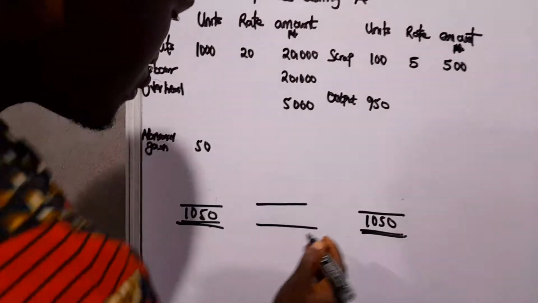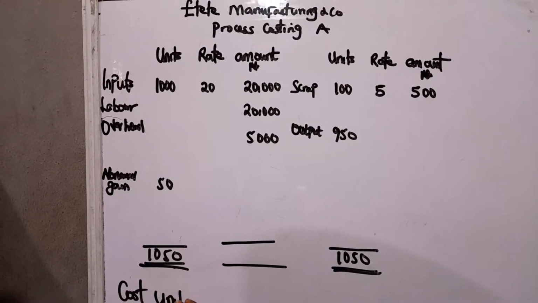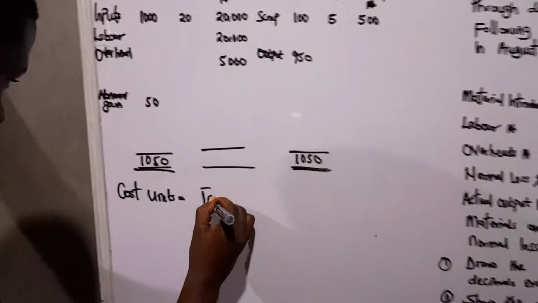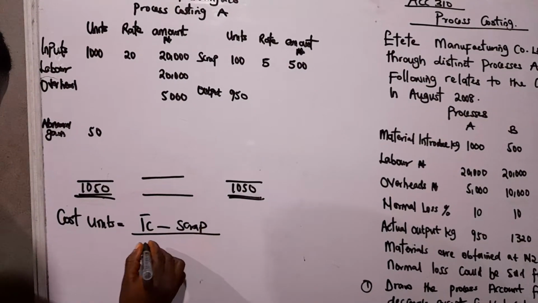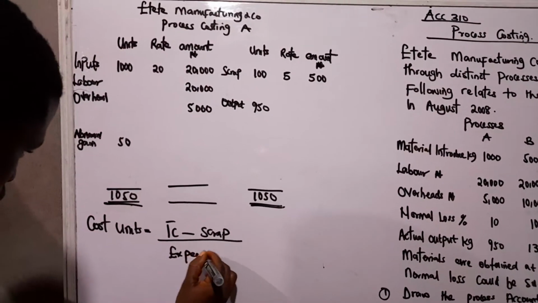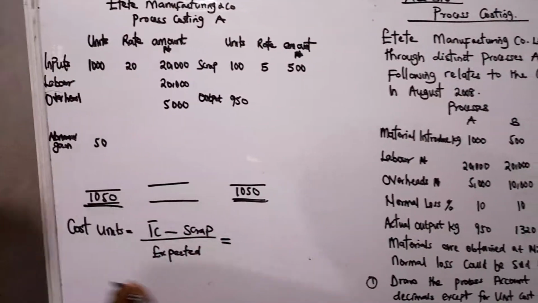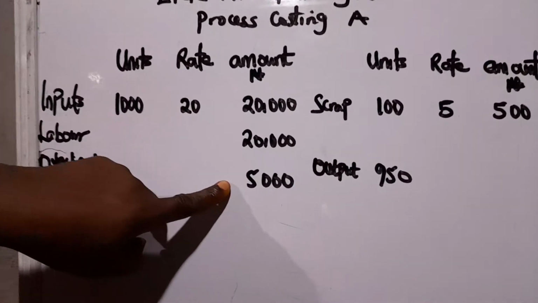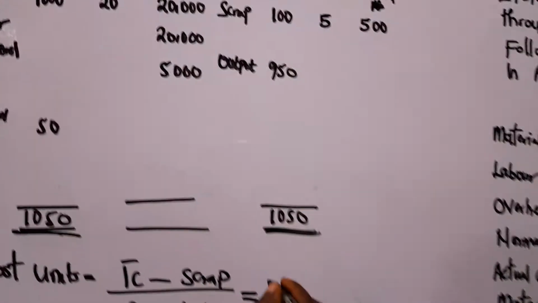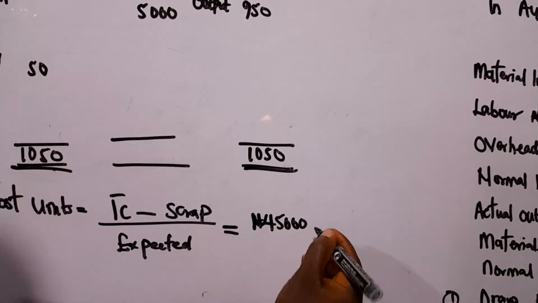So let's get our total cost. Then I need to get my cost per unit. My cost per unit is total cost minus scrap, divided by expected output. So what is my total cost? It is 20 plus 20 plus 5, that gives me 45,000. What is my scrap?